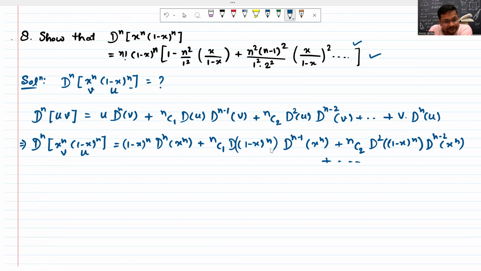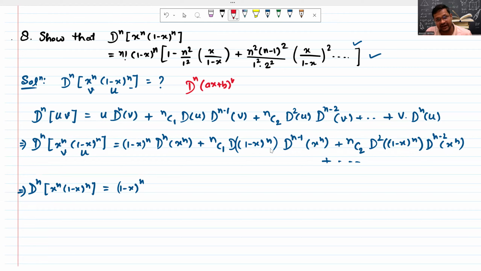Okay, so this implies the nth derivative of x power n times 1 minus x power n will become, so here 1 minus x power n is okay, and the nth derivative of x power n becomes factorial n, because we know that the nth derivative of ax plus b की power m is just equal to m, m minus 1, m minus 2, and so on up to m minus n plus 1, and a to power n, and this is ax plus b to power m minus n.